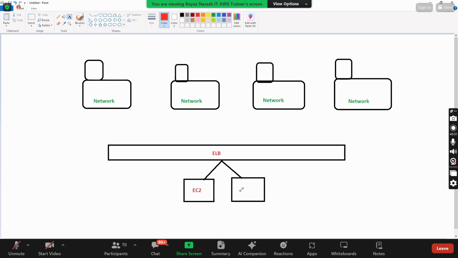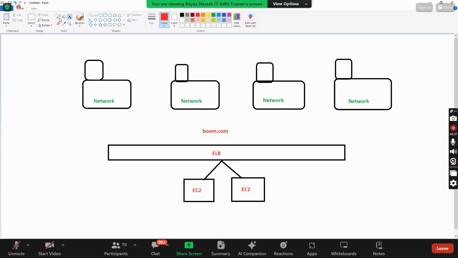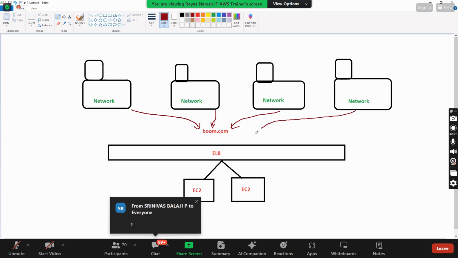Assume my application name is boom.com. The captains will open boom.com and start using our application. So everyone will be connected to this load balancer, right? Yes, so all the ships started connecting to my application.